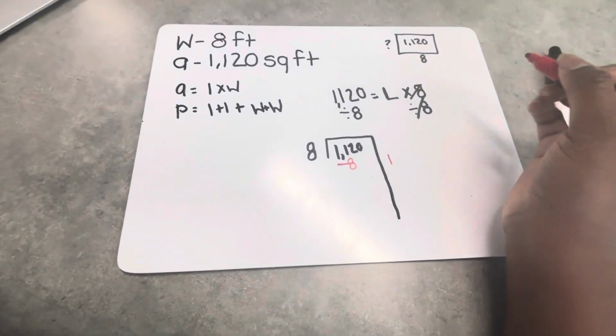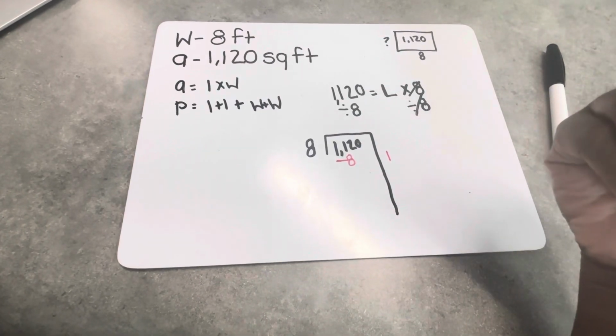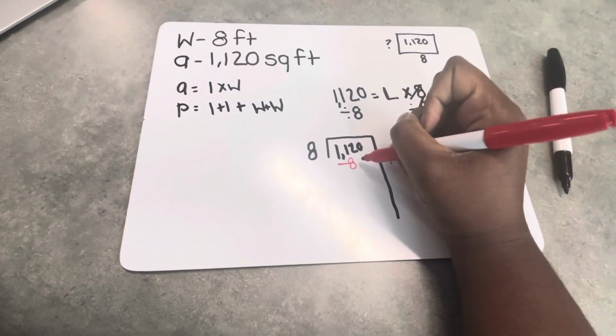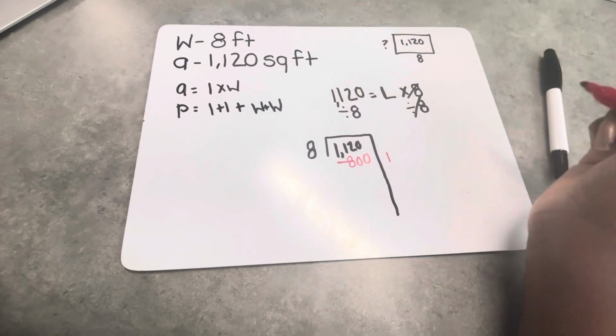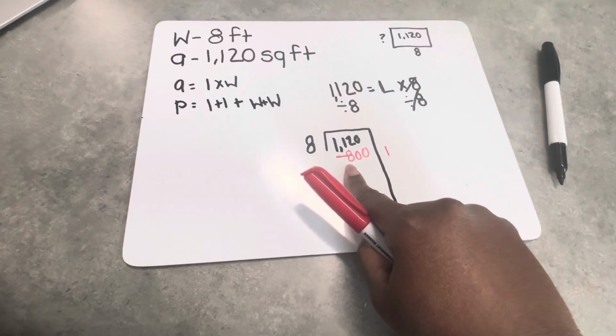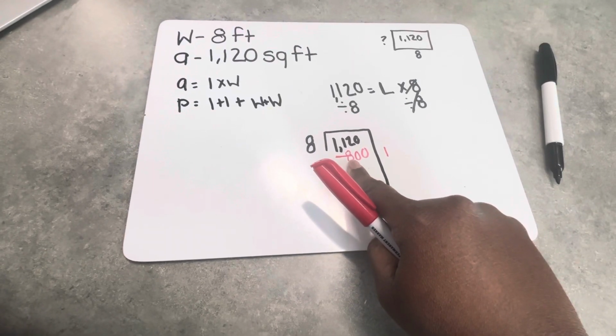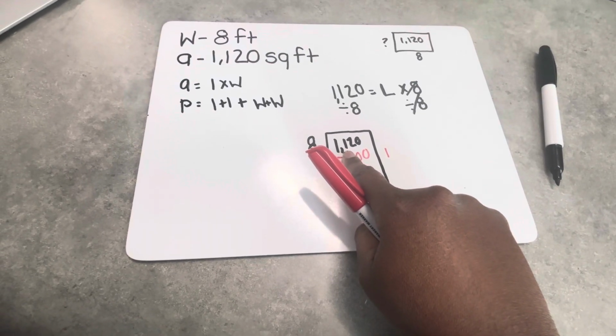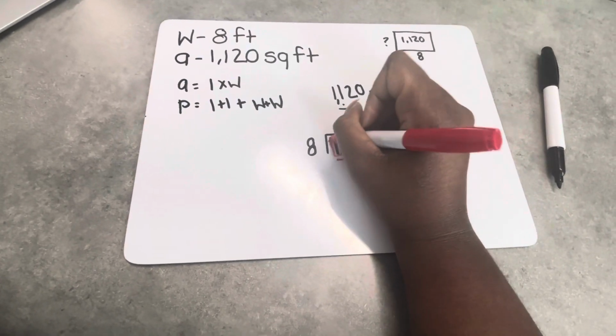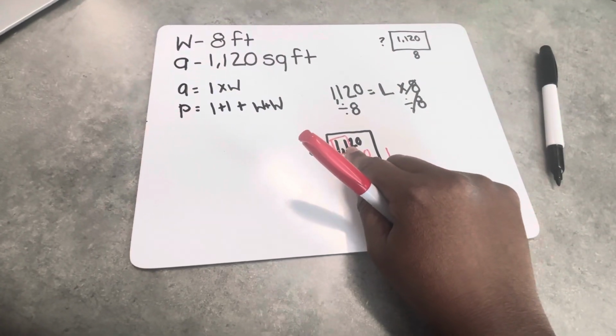Now I need to think, what digits am I missing? So I'm missing 2 digits. Now you guys might be asking, why did you put the 8 here instead of here? Remember, this is 8 ones. If we're looking at this, we're just isolating these 2 numbers, this would be the tens place and the ones place.